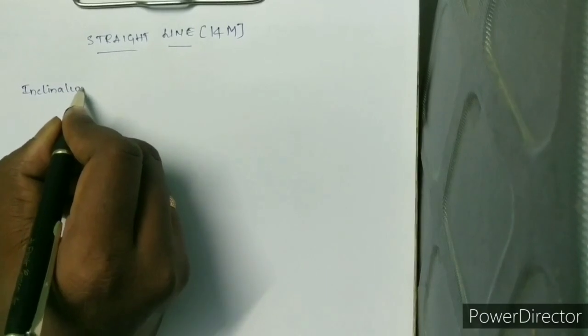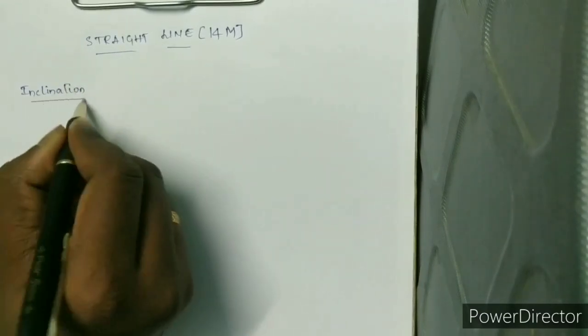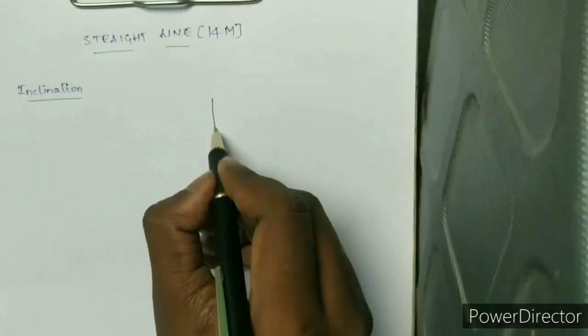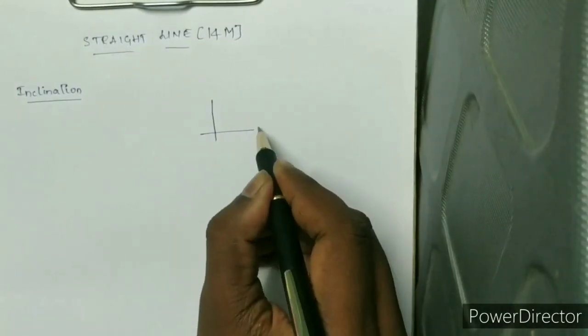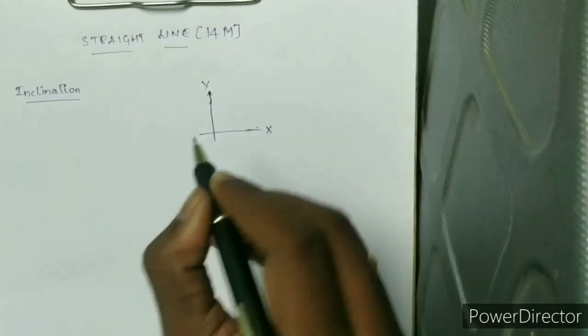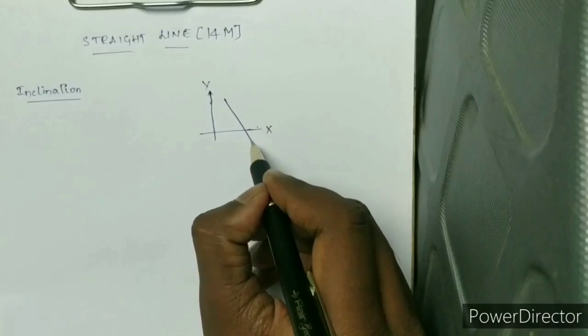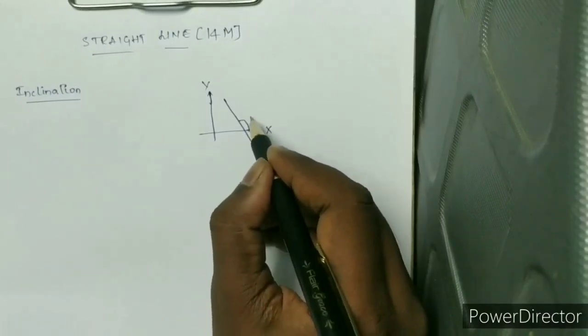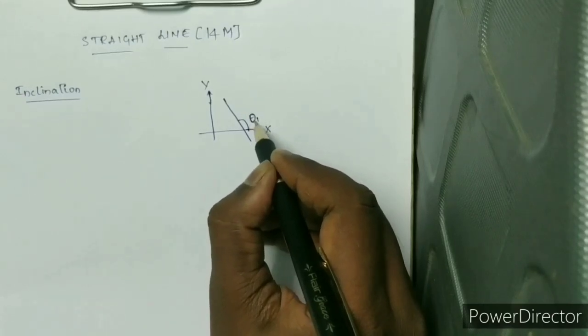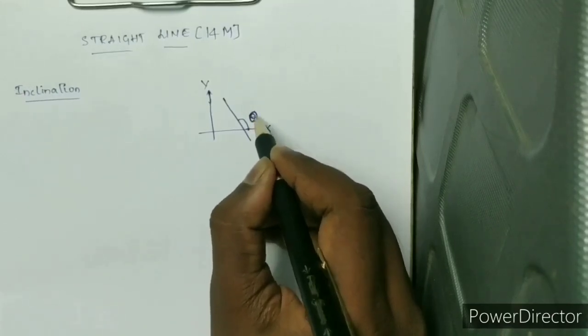What is inclination? For example, you have two axes, one is x and another one is y. You have a line here. If this is theta, I'll take theta 1, or you can even take it as theta.